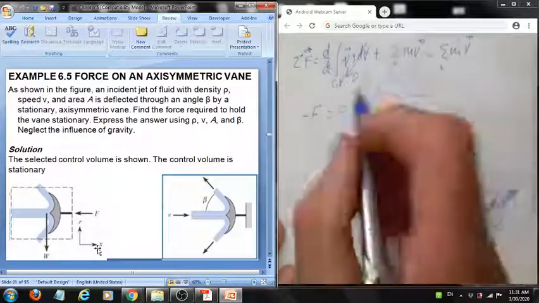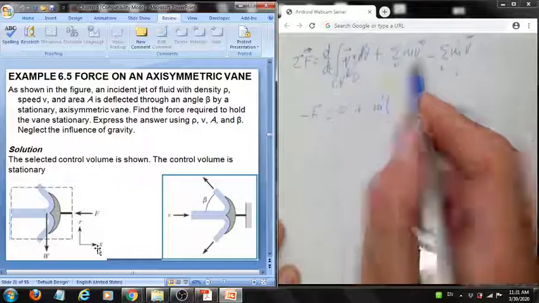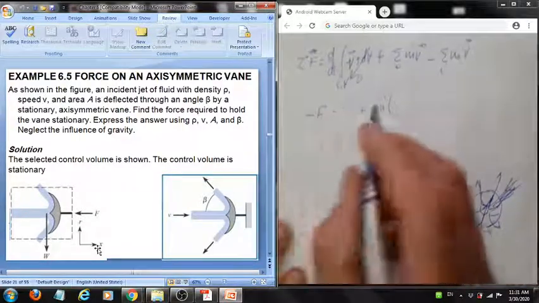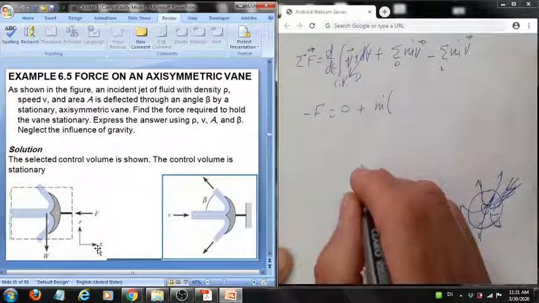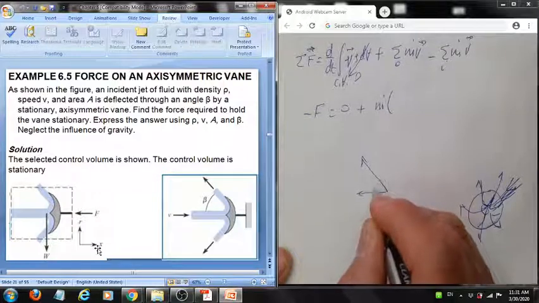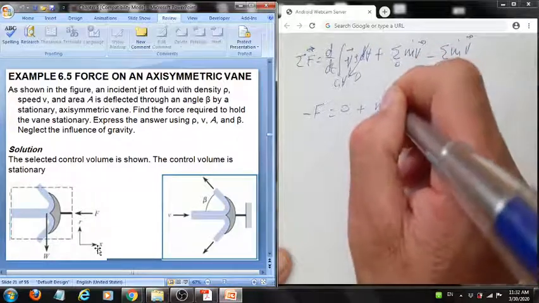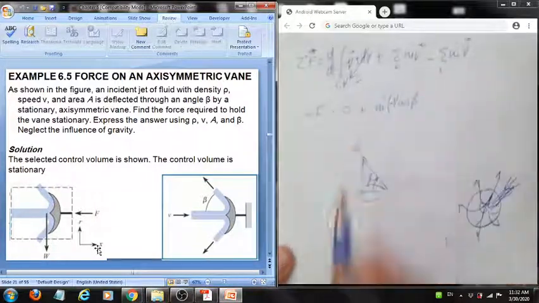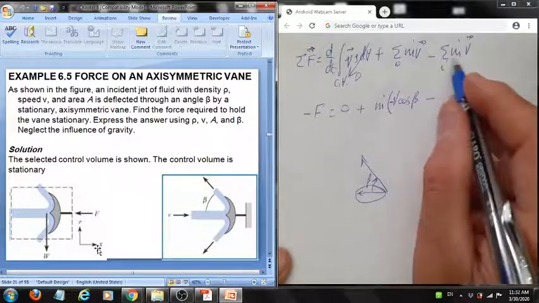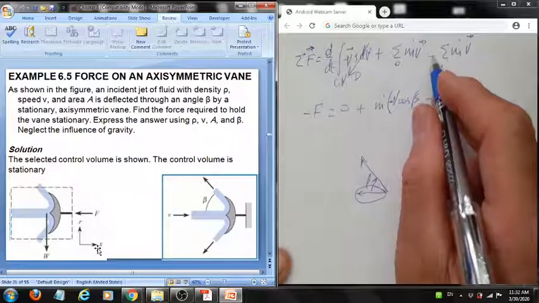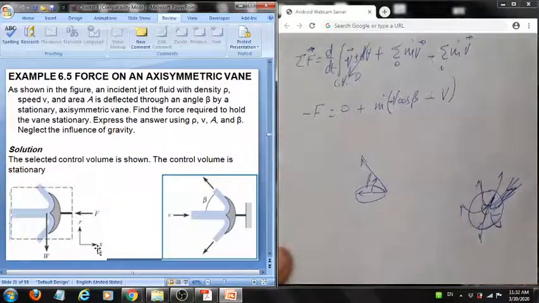We recognize that the m dot is the same for the exit and the inlet. The velocity is leaving at an angle beta, so we take only this component. So we say V minus cosine beta, minus because it's acting in the negative direction, minus the entering momentum, and the velocity, all of it, is coming in this direction.